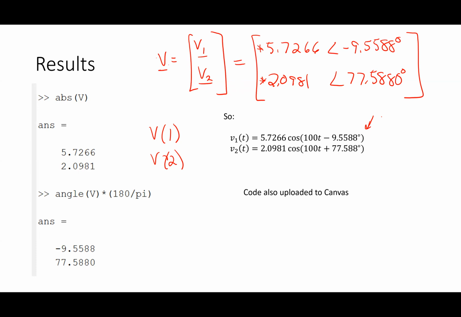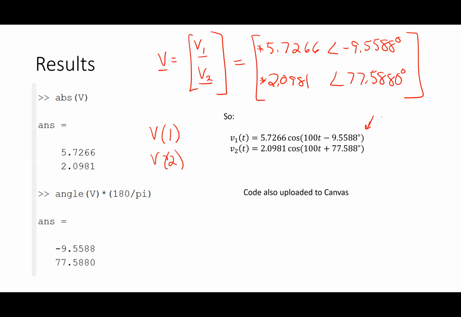In the real world, if I took an oscilloscope and plugged it in at node 1, the voltage I would measure would have an amplitude of 5.7266. Frequency would be 100 radians per second because we did all of our analysis at 100 radians per second. And then the angle would be negative 9.55. Similar for the other one.